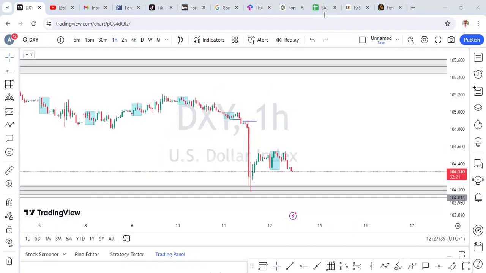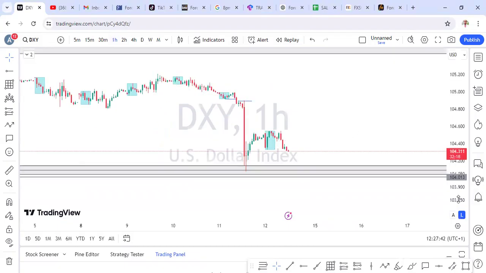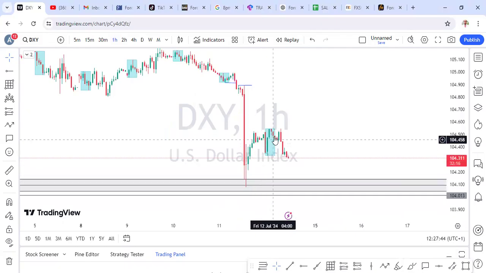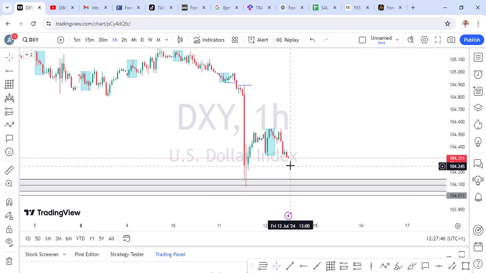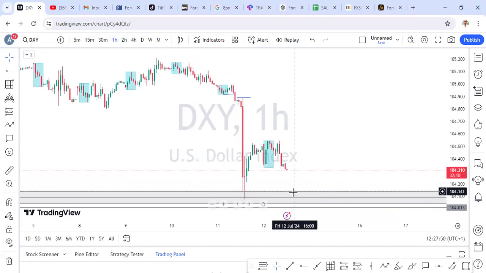Price is currently coming down to sweep Asia low, so the news will determine the reaction.